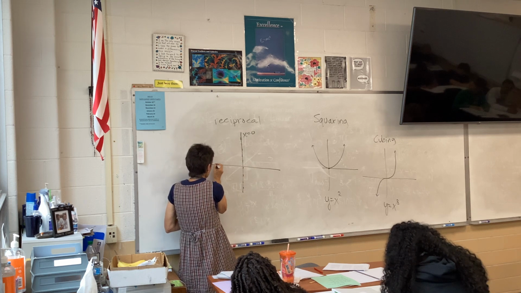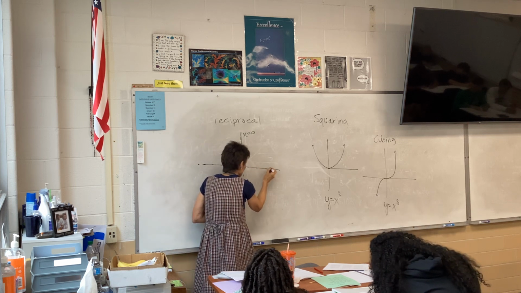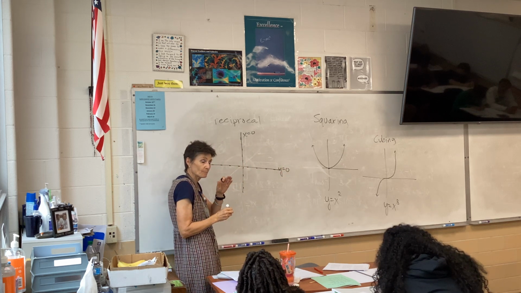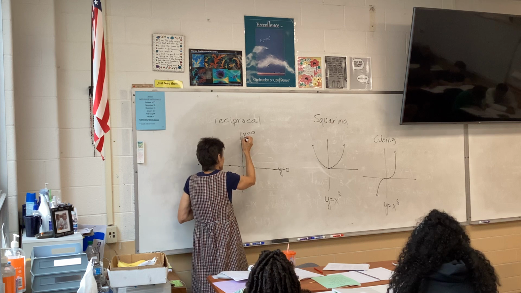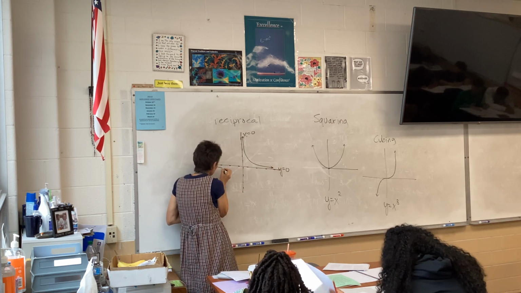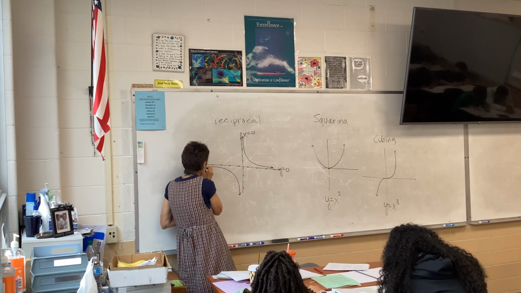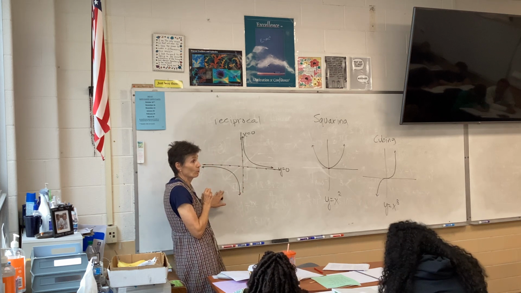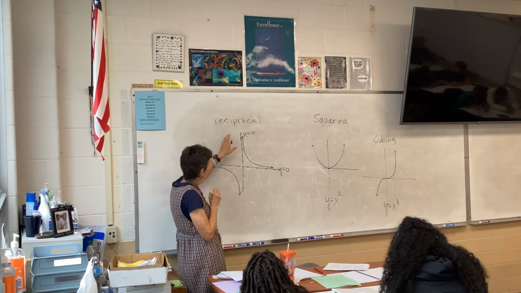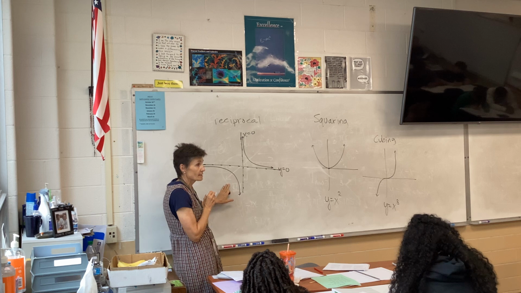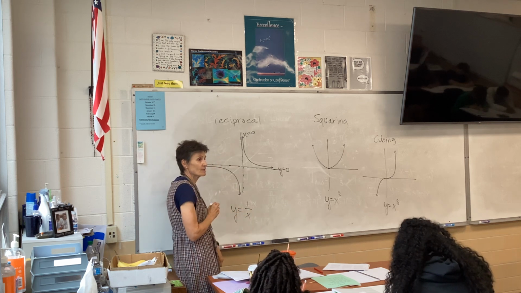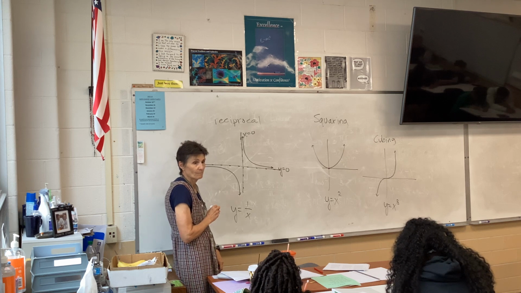And then on the x-axis, which is y equals 0, so you're going to make 2 asymptotes. And then you're going to have a shape up here like this, and a shape here like this. I don't know if you guys talked about these last year. That's called a hyperbola. That's a hyperbola shape. But you just need to know the reciprocal function looks like this. And its equation is exactly what you'd expect, 1 over x.